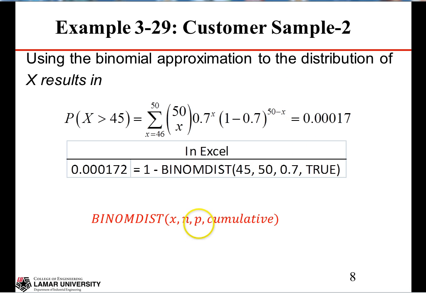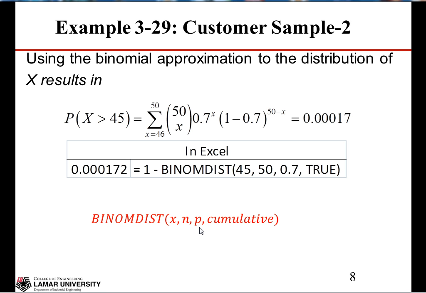So in this binomial distribution function, the first parameter is X, which in this case is 45, and the second parameter is the sample size N, and for this particular example, the sample size is 50, and P is the rate or the probability of success.